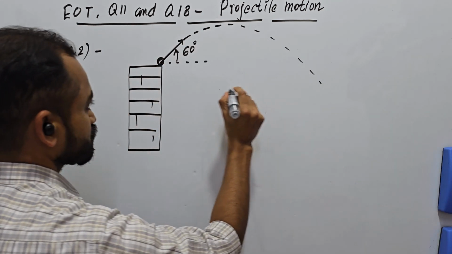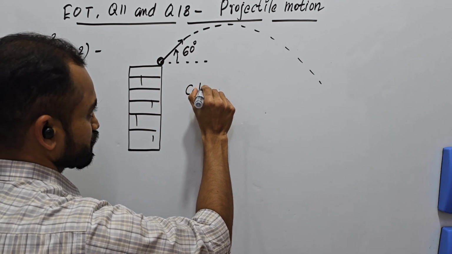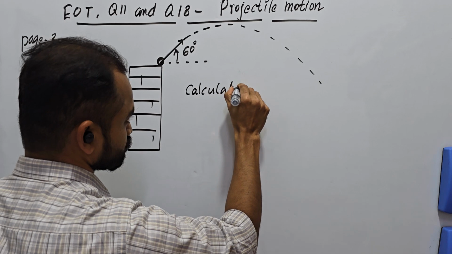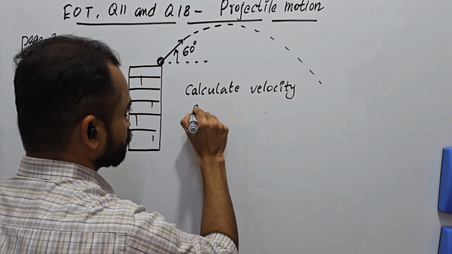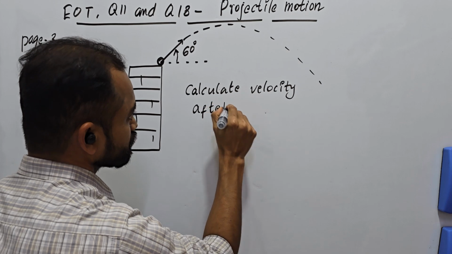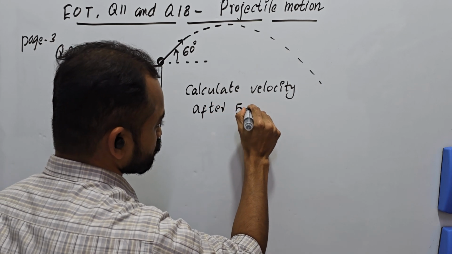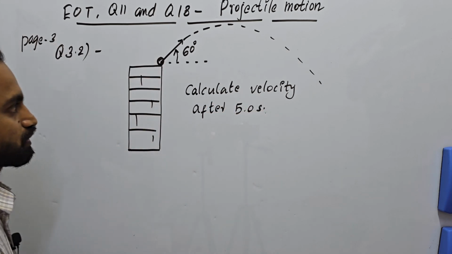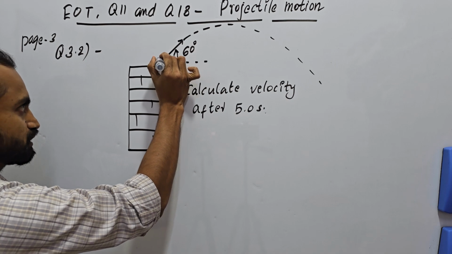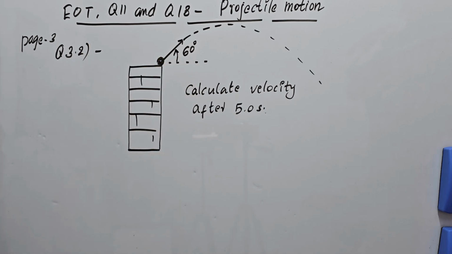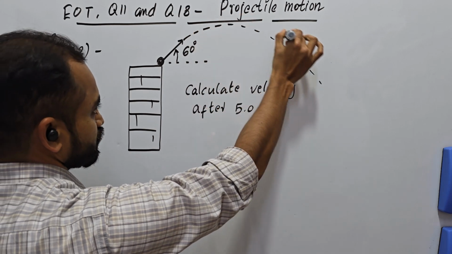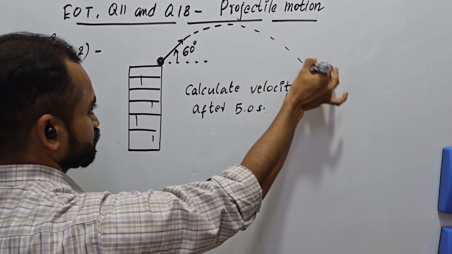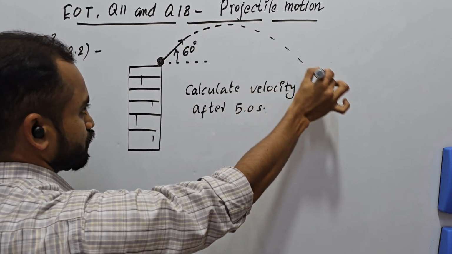The question is: calculate the velocity after 5 seconds. This is the starting point, where the time is 0. After 5 seconds the projectile will be somewhere on this path.